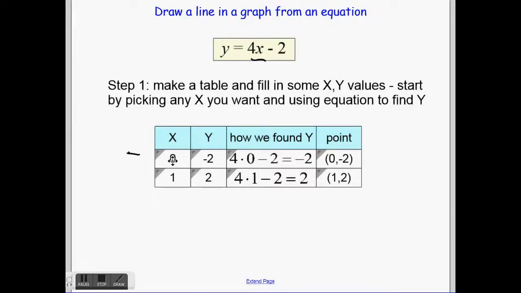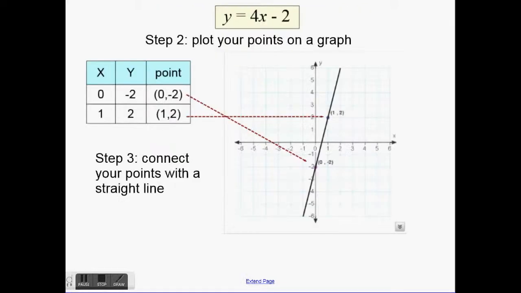Okay. So once we have our points, we can plot them on our graph. I have it done here. I know it's hard to see, but this is 0, negative 2. This is 1, 2. I just put those 2 points and then I draw a line through them. You don't want to just connect the dots.